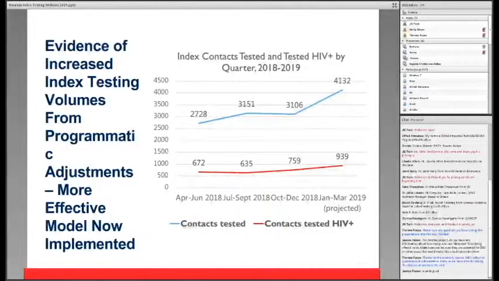But where we are perhaps missing it and required to make some serious improvements on is how to turn the numbers round from indexing very few numbers to be able to index a lot more. And in the past few months, and you can see from the graph, the sharp projected increase from 3,100 to 4,100 thereabout, that is actually projected by the time, because the March results we do not have, but perhaps we even do better than what has been projected.